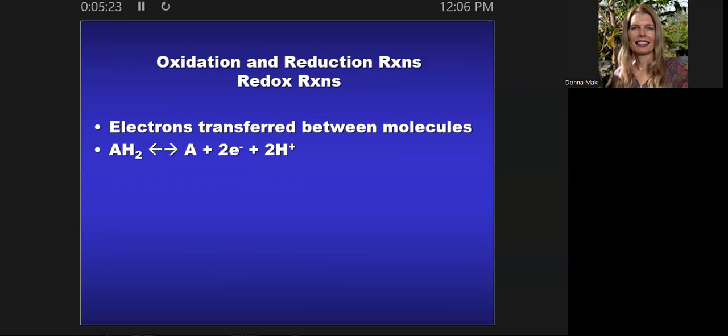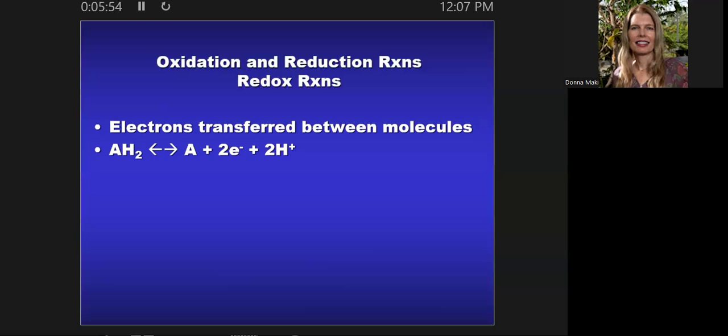This is often how they describe it, where they give you some made up molecule, AH2, and then they say, well, if you dissect that molecule, when you think about H2 in particular, each hydrogen atom is composed of one proton and one electron. And so this is the way to depict that. When you pick this molecule apart, H2, you end up with 2 electrons, 2 protons.